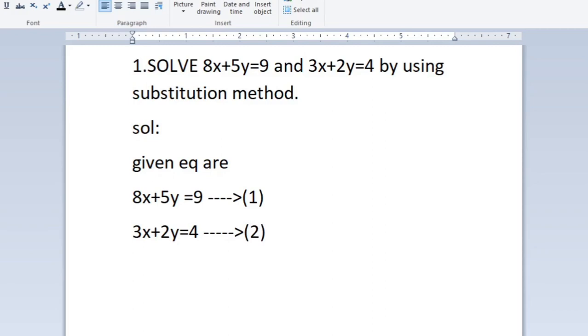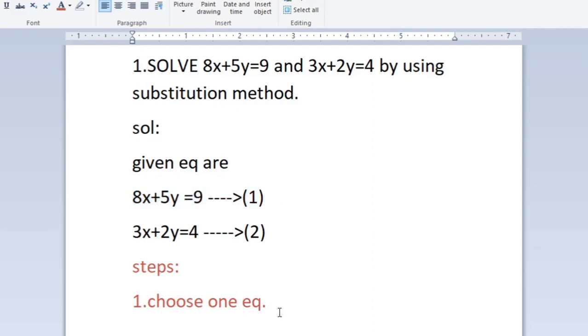Okay. In this method, we have to follow some steps. The first step is you have to choose one equation. Here I would like to choose the first equation.